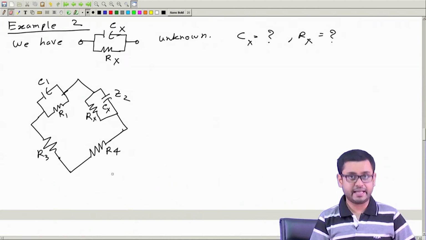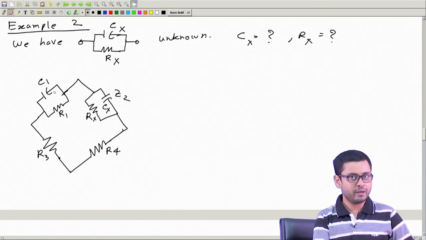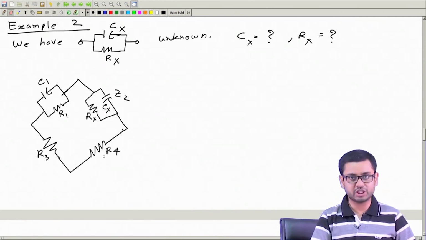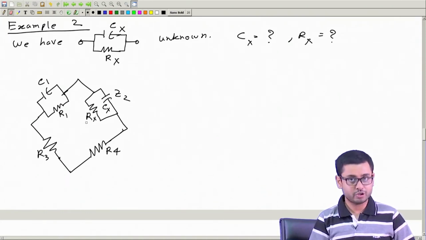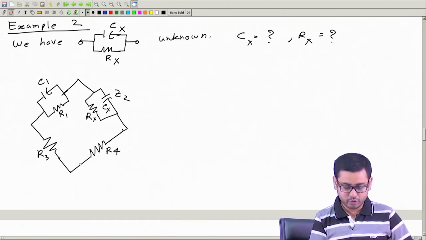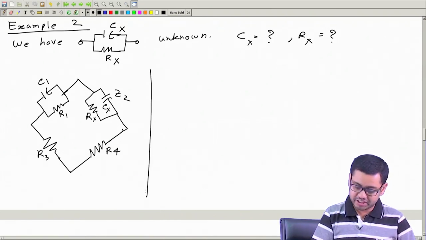Yes, it can be satisfied, because this angle is between 0 and minus 90, and this is 0. So their sum is between 0 and minus 90. Similarly, the sum of these two will again be between 0 and minus 90. So, by a proper choice of C1 and R1, we can get this balance. This is I think the easiest bridge we can use. So, what will be the balance condition?